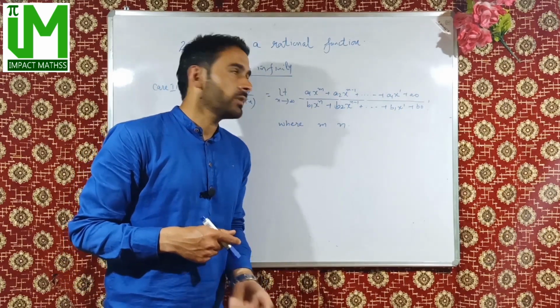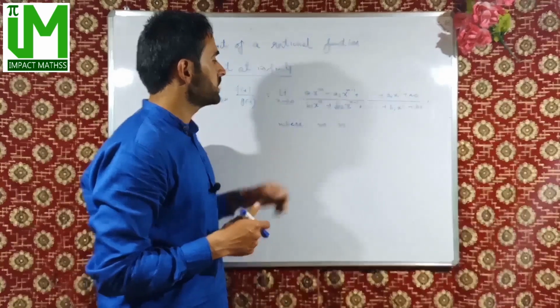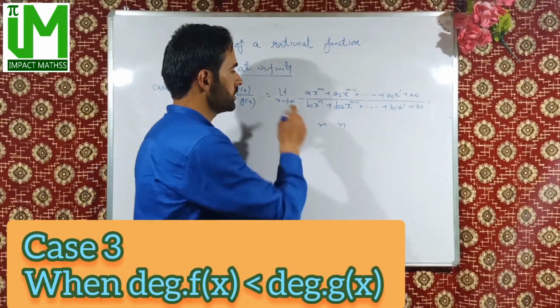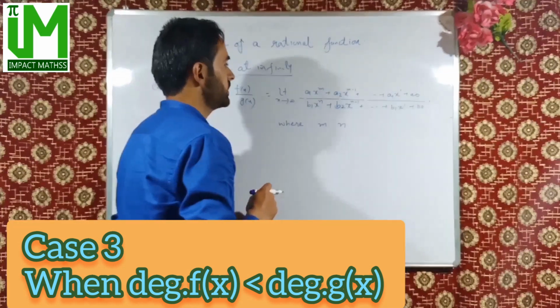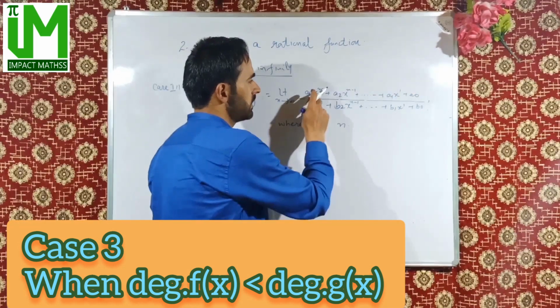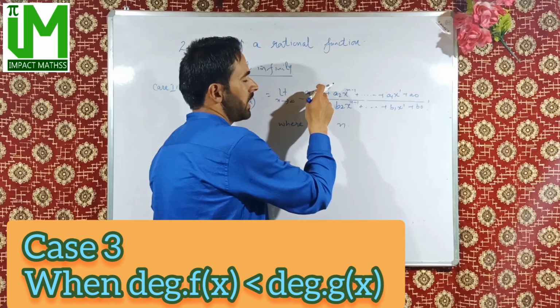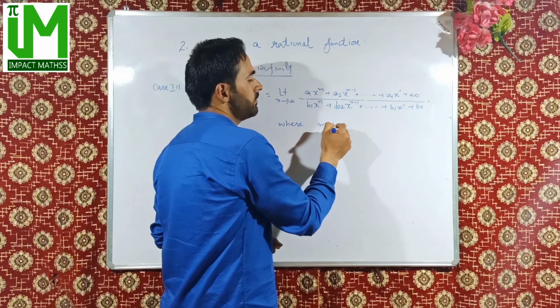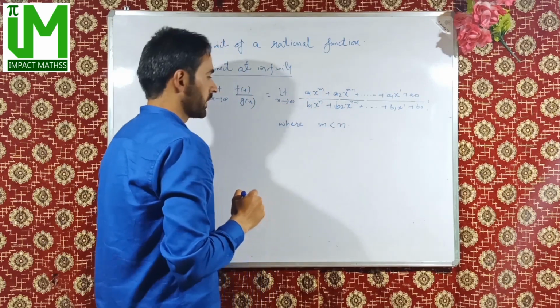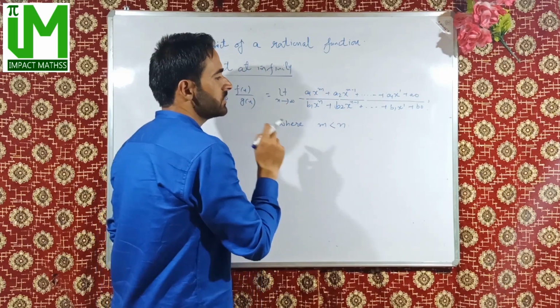Now case third, when the degree of the numerator is less than the degree of the denominator. Say we have limit x tends to infinity f(x) divided by g(x) in this form, such that the degree of the numerator m is less than the degree of the denominator n, which means m is less than n. Again we will divide by the highest power term.